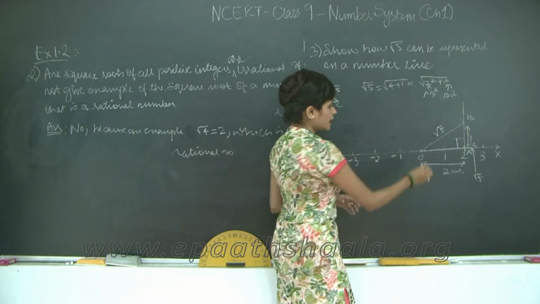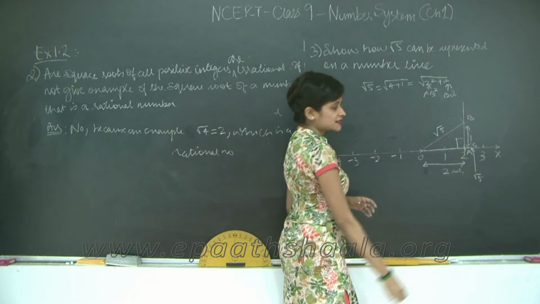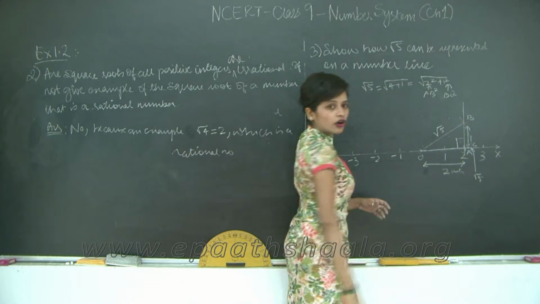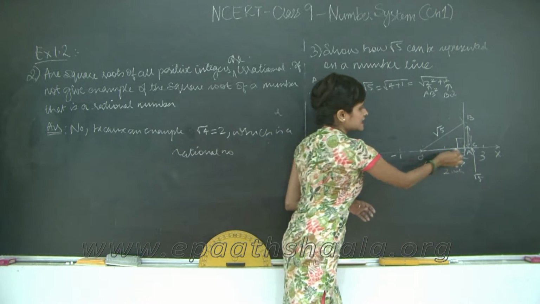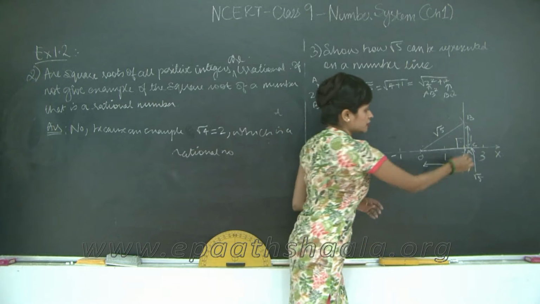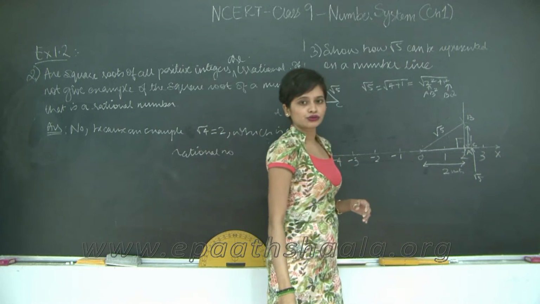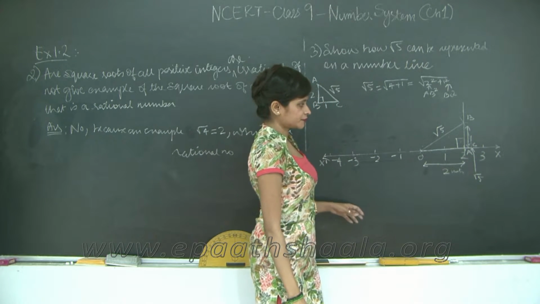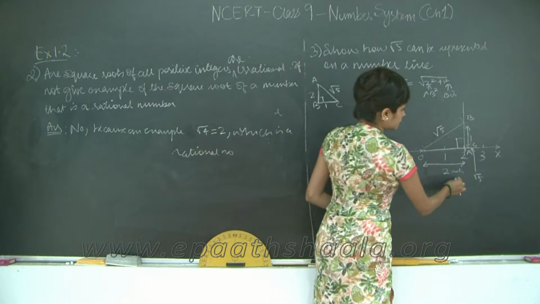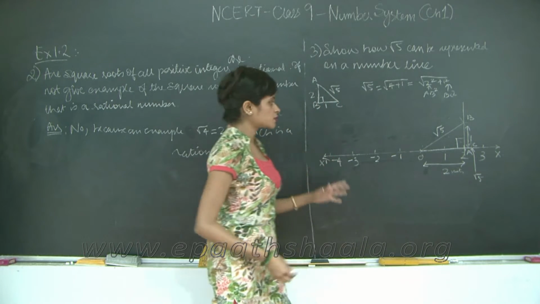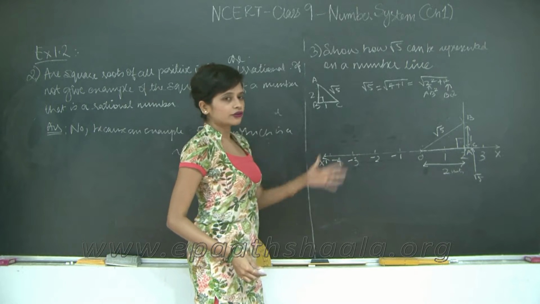Why root 5? Because O to B is my radius. I use the same length to cut an arc on my number line, right? So even this length is root 5. So this point here becomes root 5. Okay, so this was a very shortcut method to find root 5.